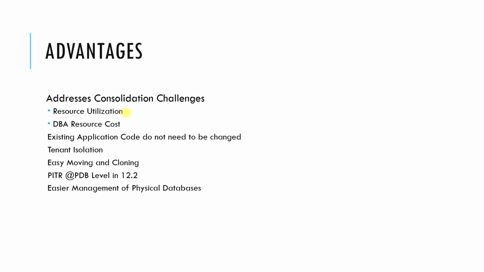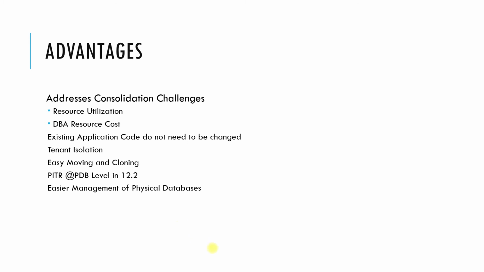So let's say there are three applications that want to create their databases to deploy their application code. They can have separate databases, and all those databases will be plugged into the common container database, the CDB. Eventually, if DBAs want to install patches, take backups or upgrade the database, all the pluggable databases will be upgraded with the CDB.